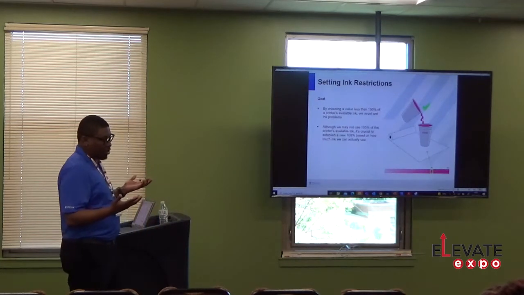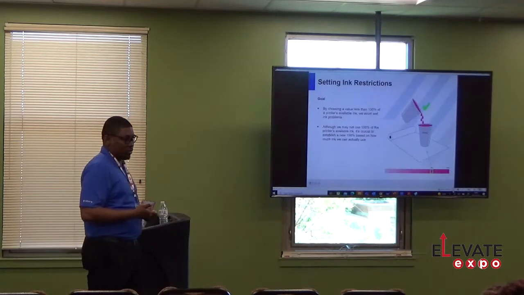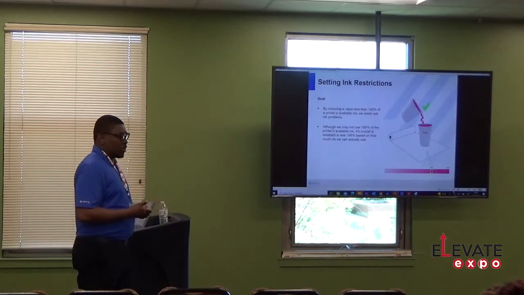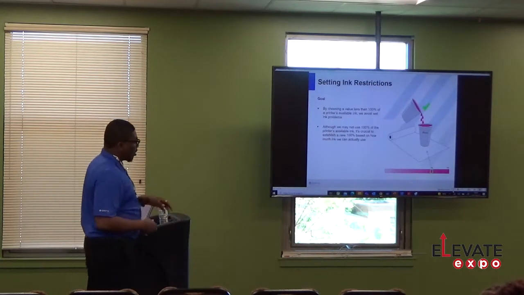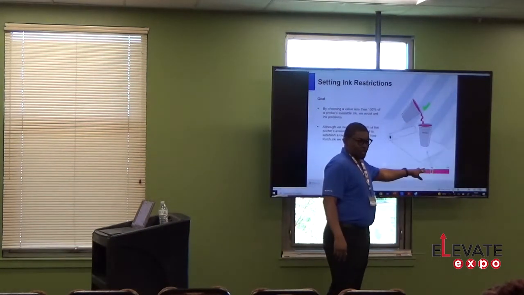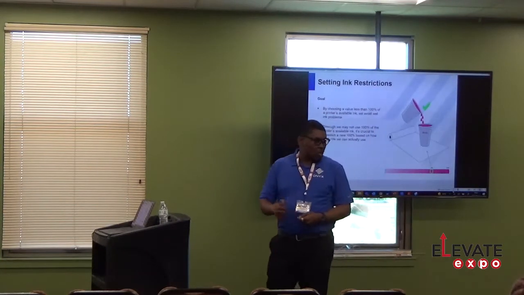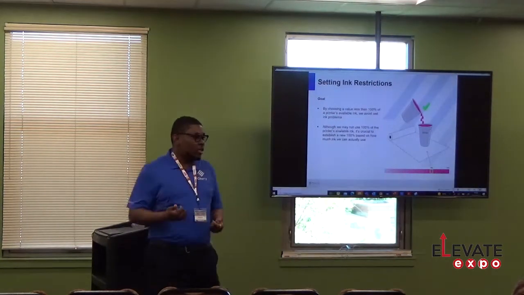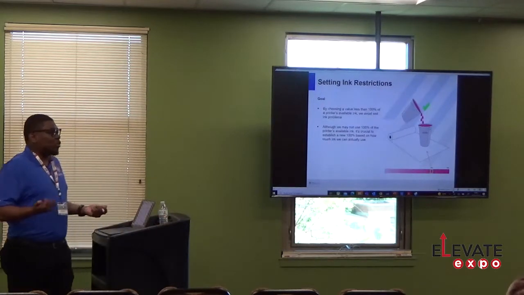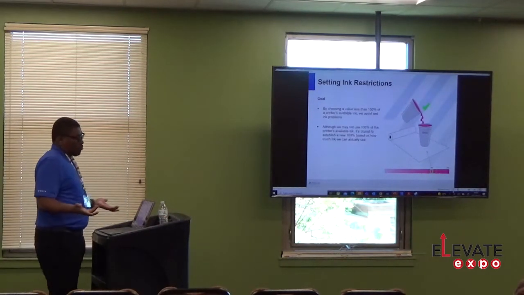I print the chart and literally rub my finger on it. It will print different blocks with different percentages of ink, 80%, 90%, and I just run my finger on all of them and see which one comes off. If it comes off at 100%, then I'm putting too much ink down, pretty much.